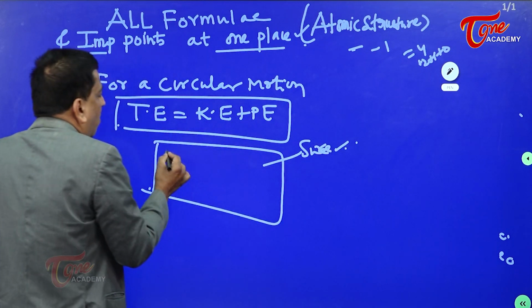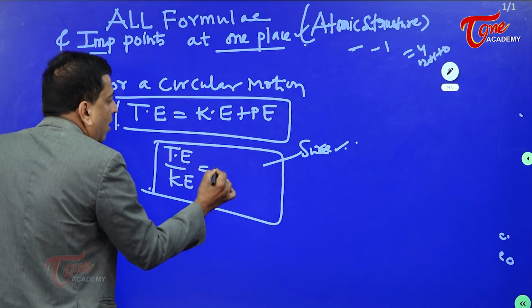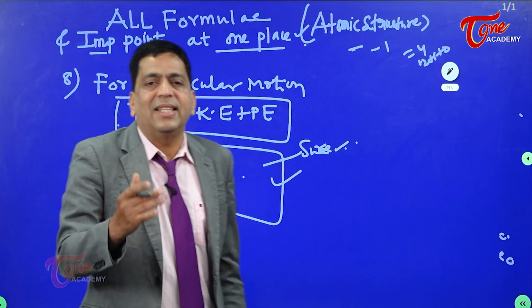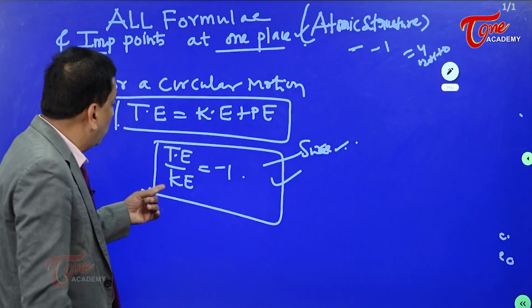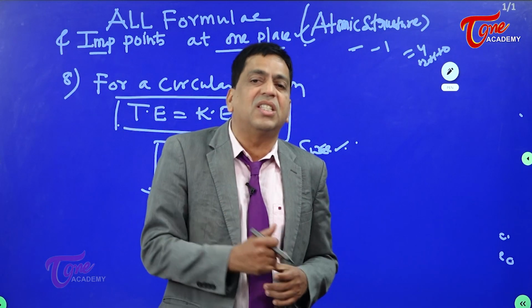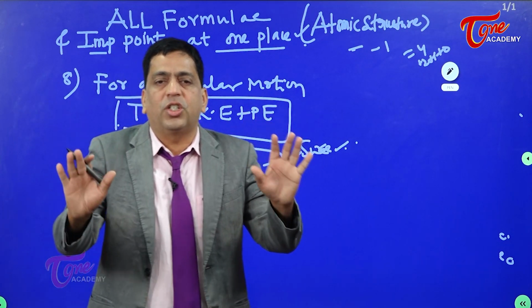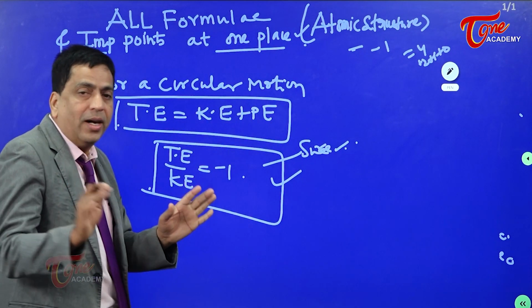Mind you that total energy by kinetic energy is minus 1. Please note it down. In the exam, he will give you kinetic energy and ask you total energy. If the kinetic energy is 20 joules, the total energy will be minus 20. So the relationship between total energy and kinetic energy is minus 1, you must understand.